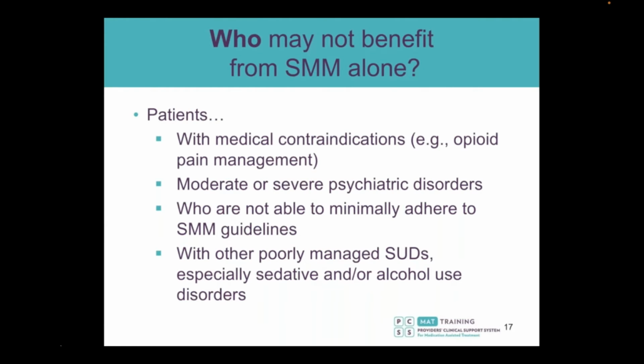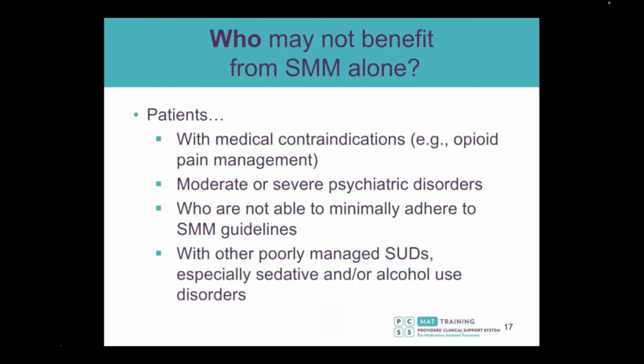Moderate or severe psychiatric disorders, patients who are not able to minimally adhere to SMM guidelines, which we will get into, and it may not work or benefit well for patients with other poorly managed substance use disorders, especially sedative or alcohol use disorders.